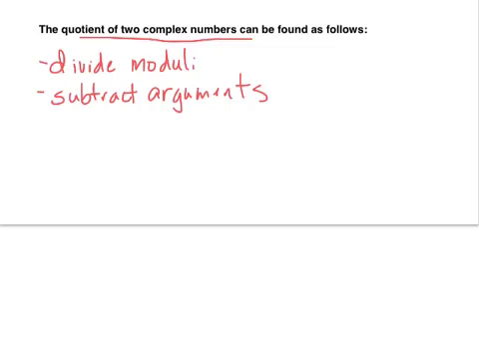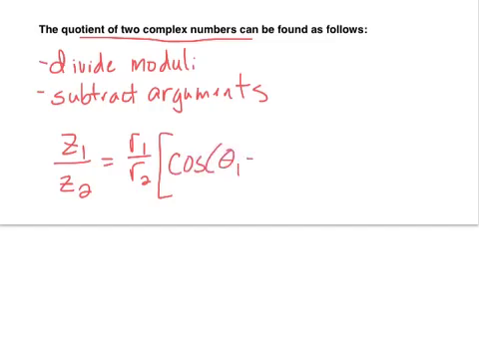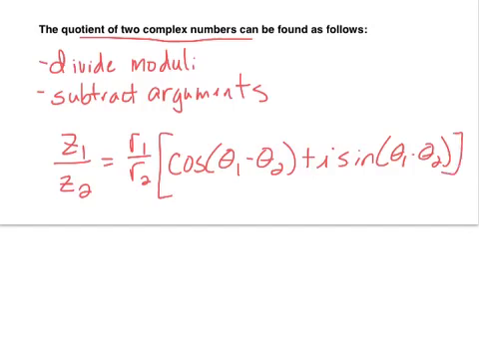It's going to look like this. Z1 divided by Z2 would be R1 divided by R2, and then the cosine of theta 1 minus theta 2 plus i times the sine of theta 1 minus theta 2. So it's just the opposite operations than with multiplication.